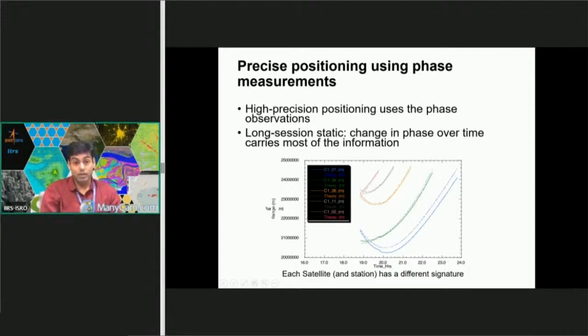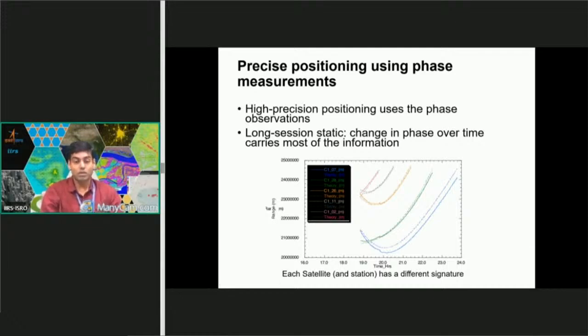So this is nothing but the signals of different satellites at a particular station. Here we can see how phase is related to time and range. You can see it is carrying a tremendous amount of information. This one is predicted and one is theoretical for a particular satellite.